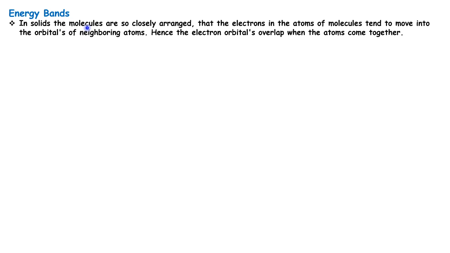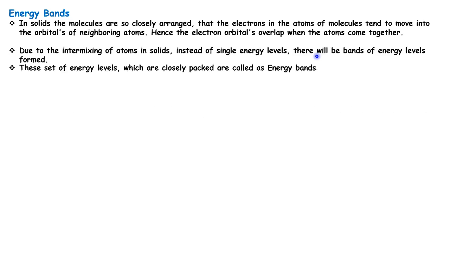In a solid, the atoms are arranged so close together that the electrons in the atoms tend to move into the orbitals of neighboring atoms. Hence, electron orbits overlap when the atoms come together.